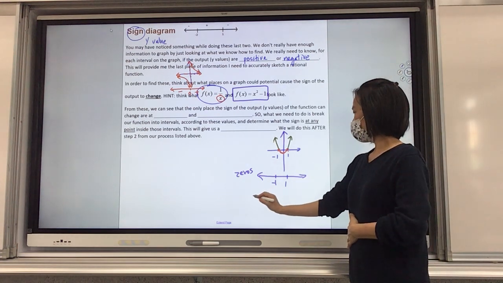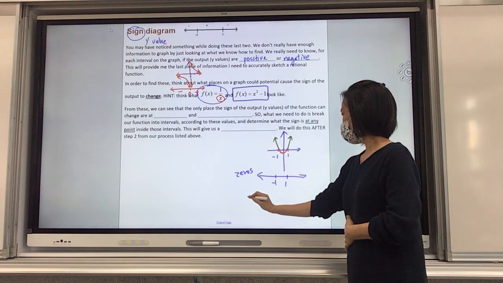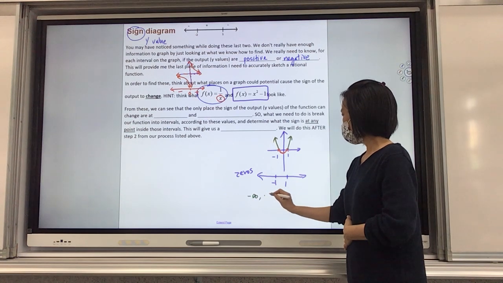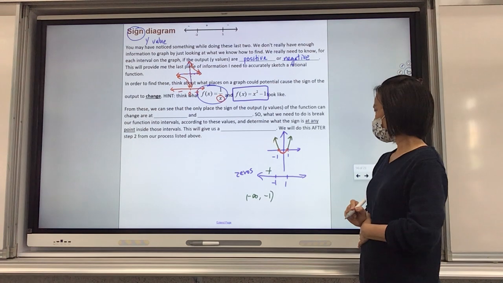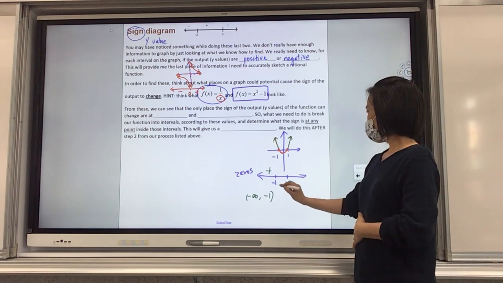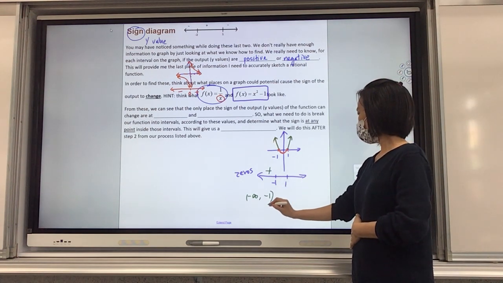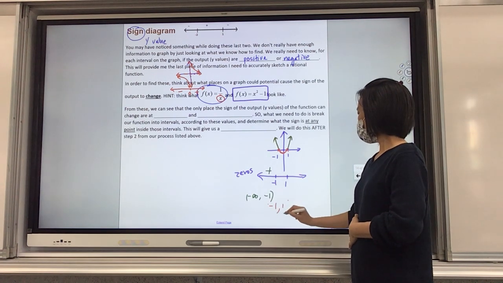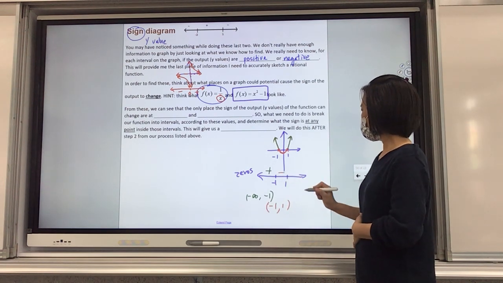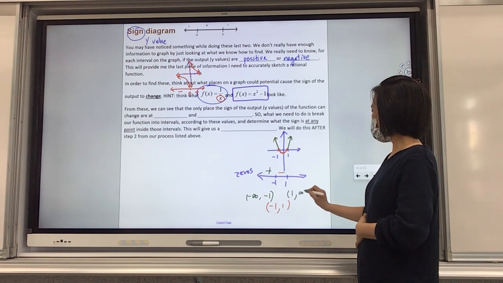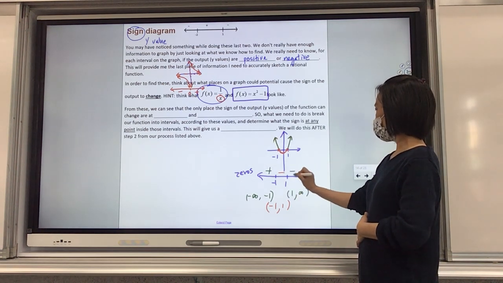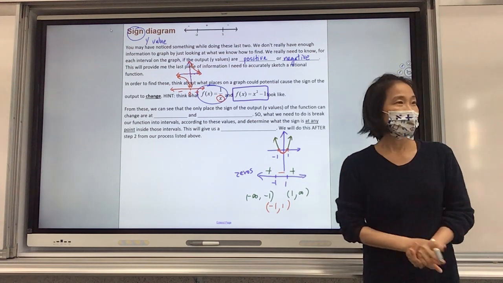When x is from negative infinity to negative 1, y is positive. When x is between negative 1 and 1, y is negative. When x is 1 to infinity, in this interval y will be positive. Yeah?